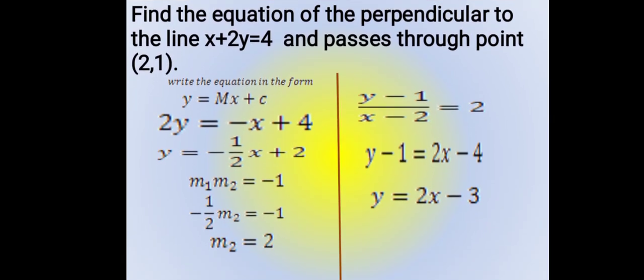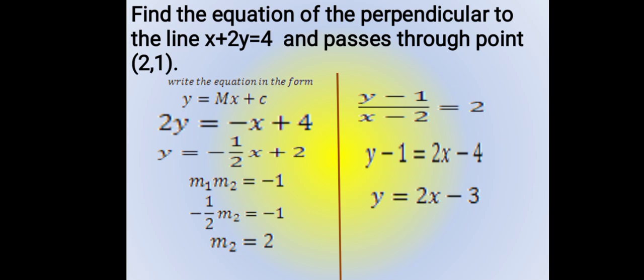Find the equation of the perpendicular to the line x plus 2y equals 4 and passes through point 2, 1. We write our line in the form of y equals mx plus c. When we write a line in that form, m is the gradient and c is the y-intercept.